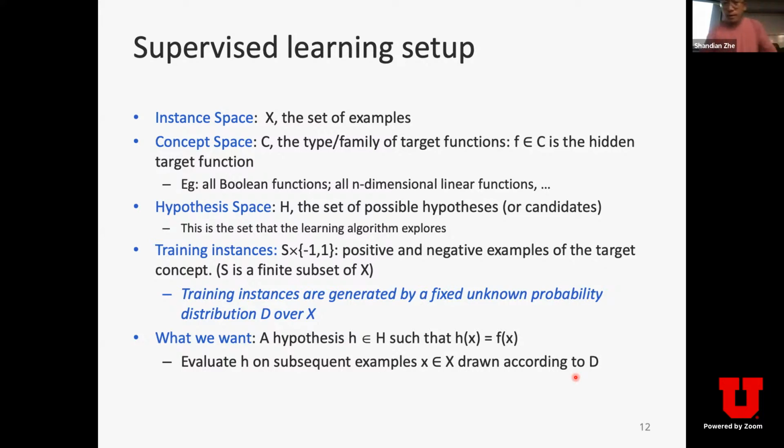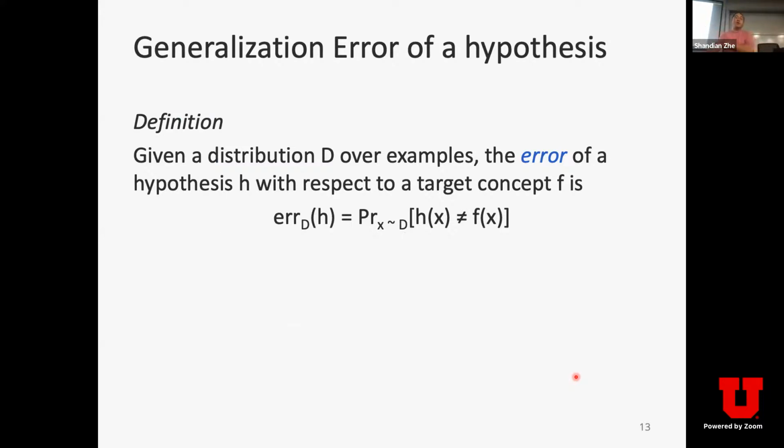Okay. So now let us first define what the generalization error is. Suppose your learning algorithm returns a hypothesis, of course from some hypothesis space. I want to give a definition which quantifies its generalization performance. This quantity is called the generalization error.